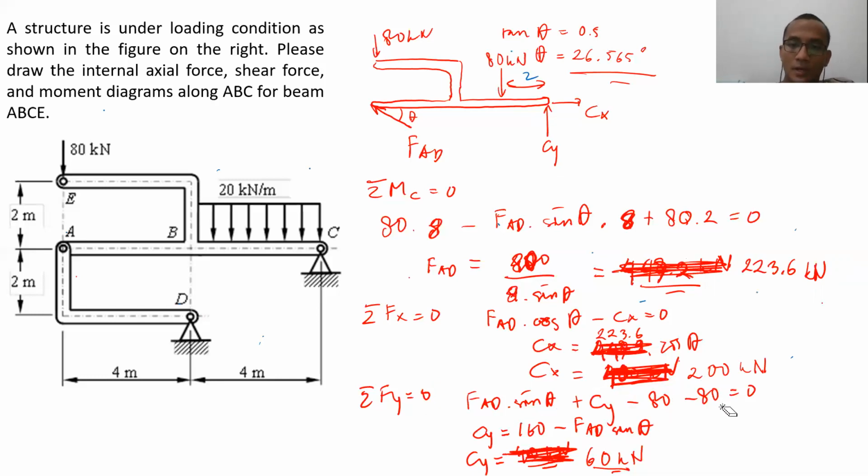That's why our value of Cy will be 160 minus FAD sin theta. FAD sin theta in this case, 223.6 kilonewton times sin 26.565 degrees, is 100 kilonewton. So 160 minus 100 is 60 kilonewton. So now we have solved for Cx, Cy, and FAD.